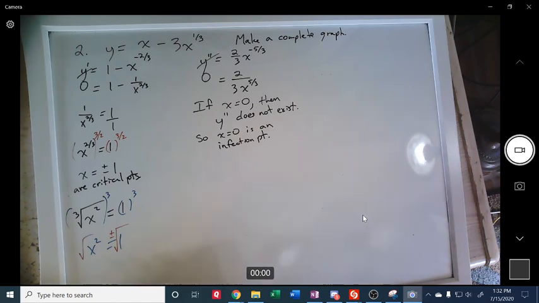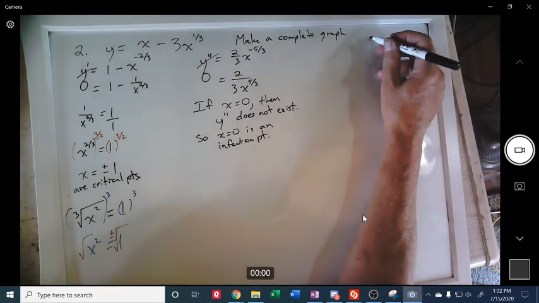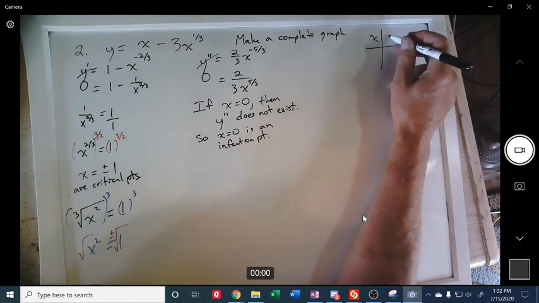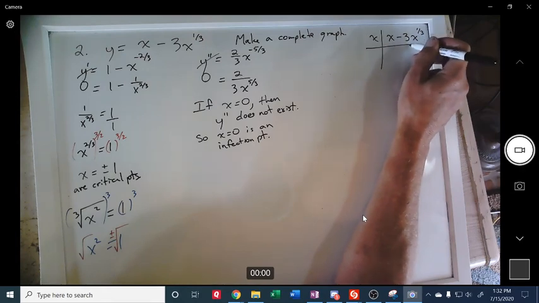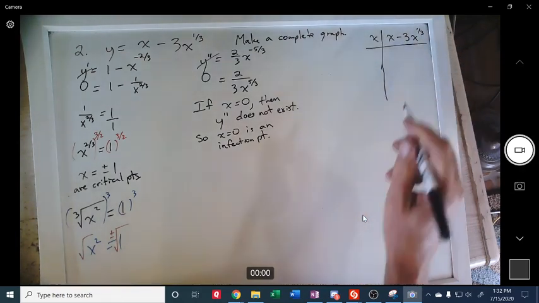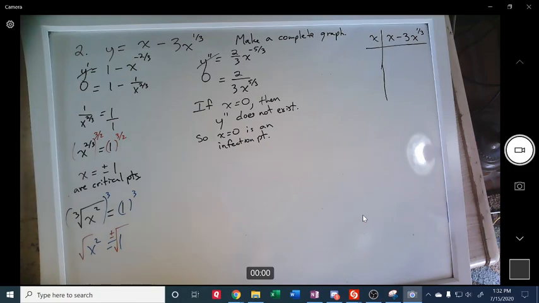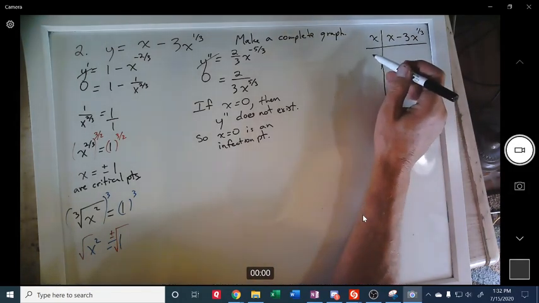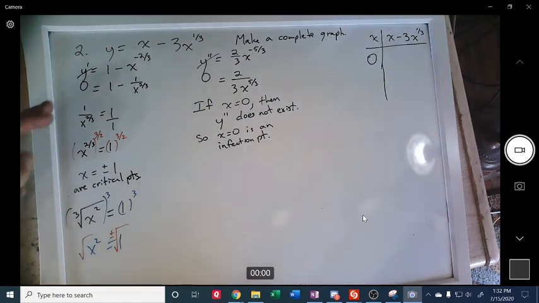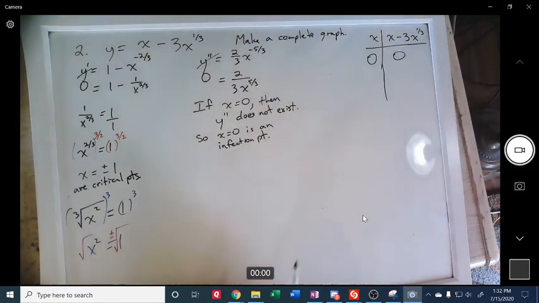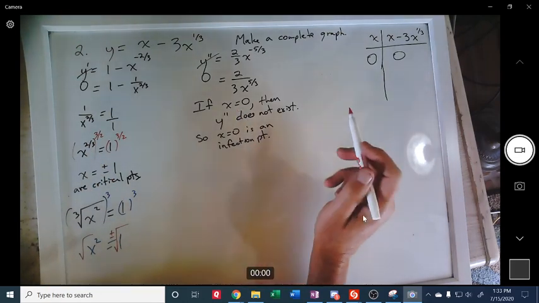So my master table. I've got to put in my intercepts. When x is 0, you can always plug in x is 0 and figure out what your y is. It's 0 minus 0, which is 0. But 0 is not only a y-intercept, it's also an inflection point.